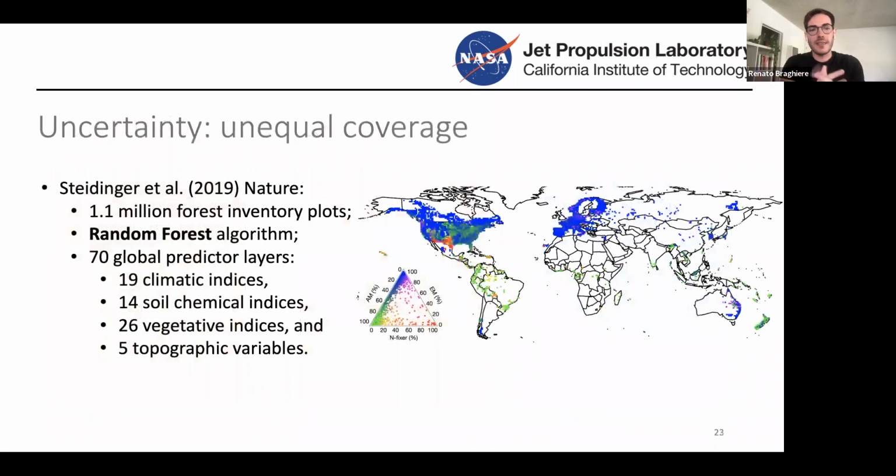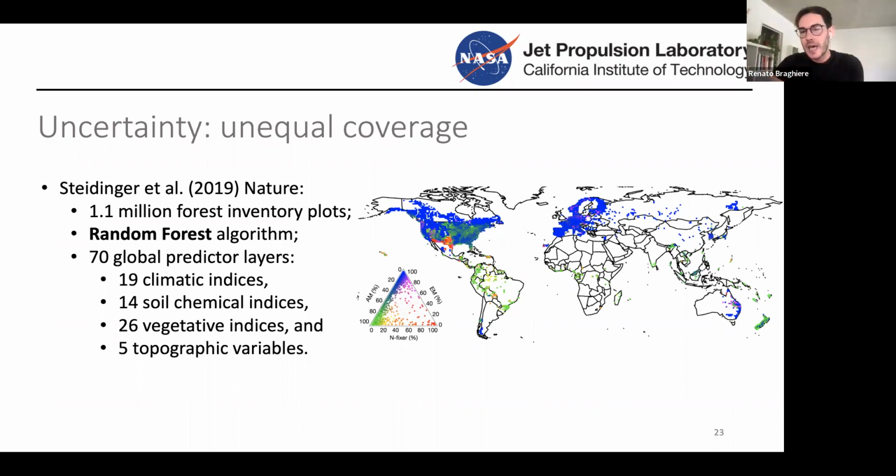So again, I think this question was very pertinent. One of the papers that plotted the first map of mycorrhizae association was by Brian Steidinger, a postdoc at Stanford. They got 1.1 million forest inventory plots and used random forest algorithms to upscale these data points to a global map.